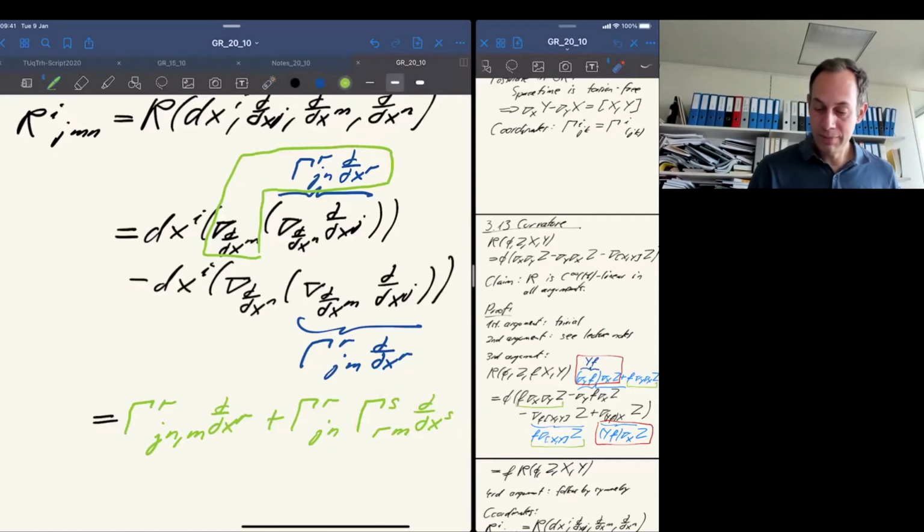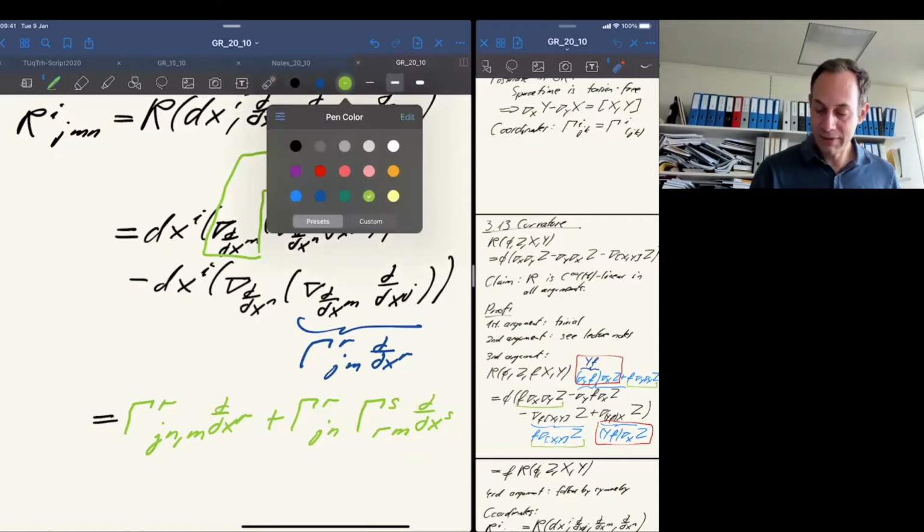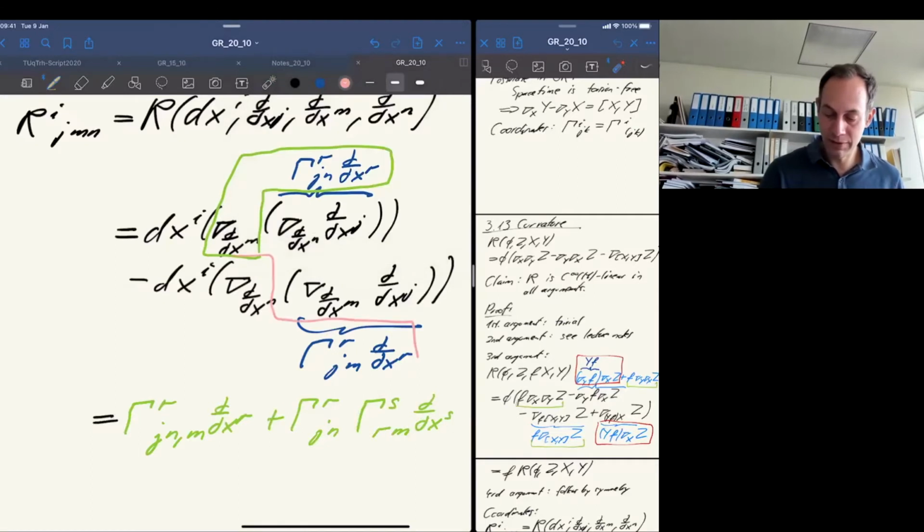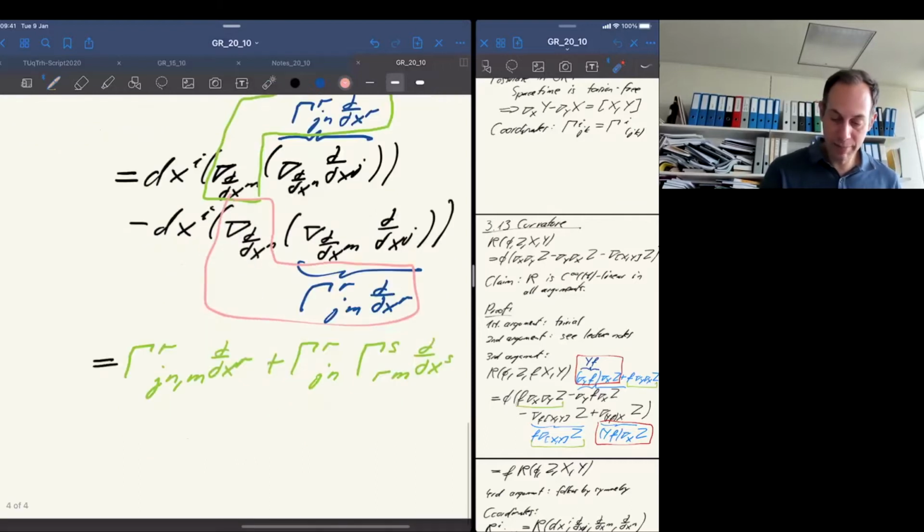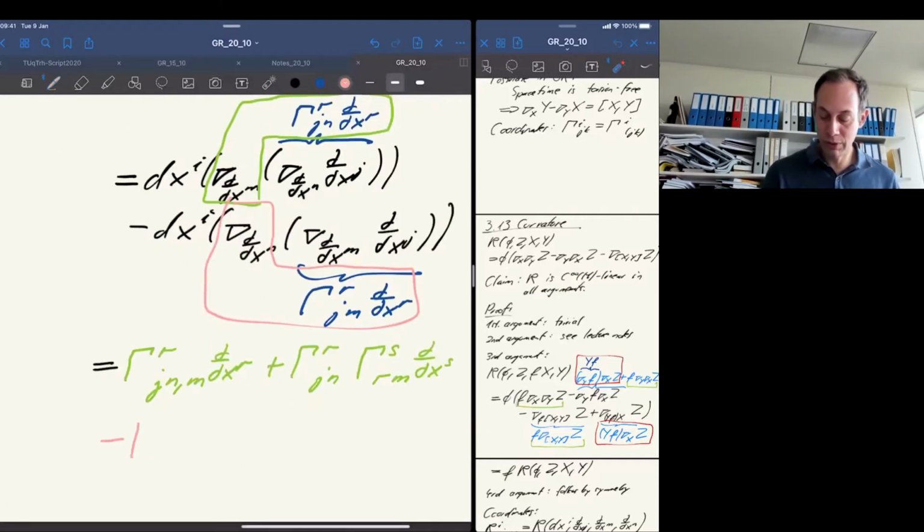Now, exactly the same thing has to be done for the other term. So I have to do this thing, and let me write this down. Here everything has a minus. So first of all, the product rule applied to the gamma symbol gives r j m comma n, and then still I have the vector d to the dx r.